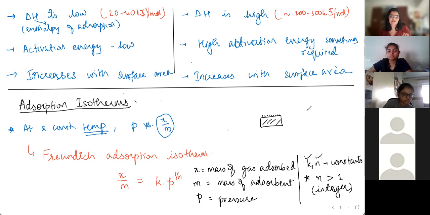If I take charcoal versus water vapor versus charcoal versus oxygen, then say 1 gram of charcoal may adsorb 3 grams of oxygen or 30 milligrams of oxygen, but it may adsorb only like 5 milligrams of water vapor. So x by m is literally the fraction of the gas that is adsorbed per unit mass of the adsorbent that you're using.